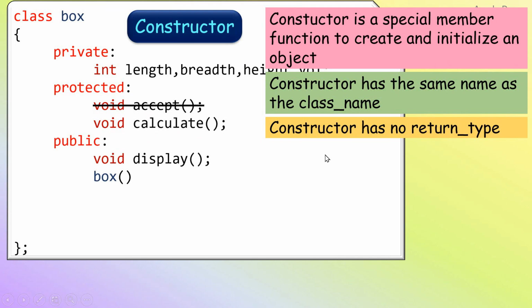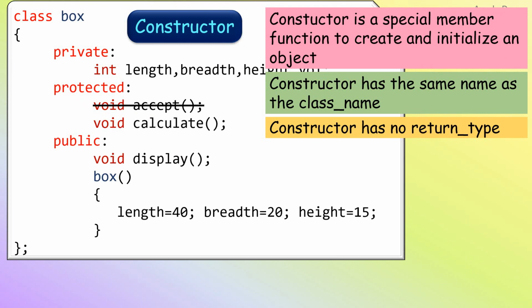Since the constructor has no return type, in front of this function name, you should not mention any return type. Just write the name of the class and parenthesis and then the body of the constructor. And within this body, you can initialize the object by giving values for length, breadth and height.